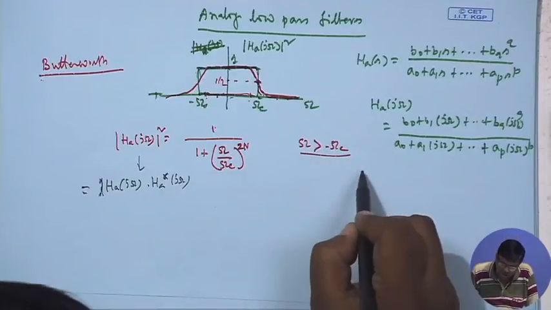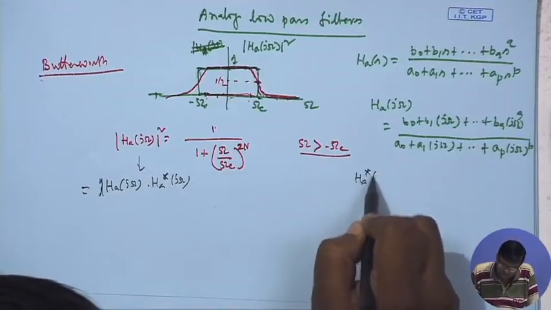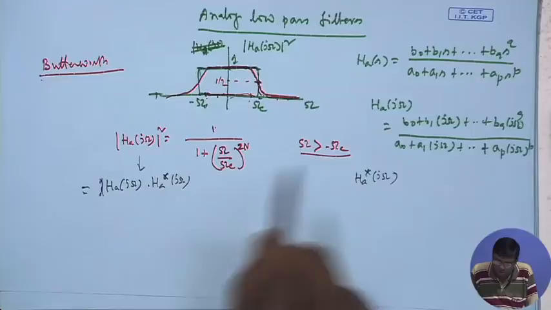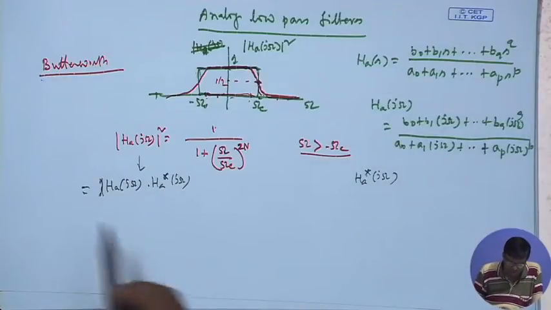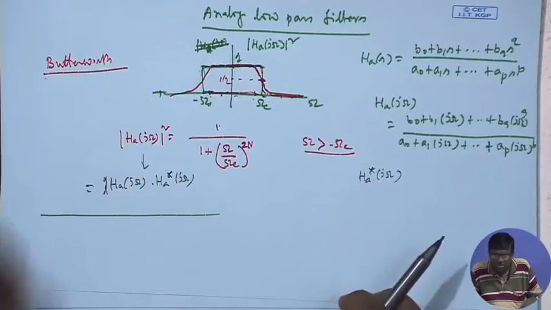What is H star j omega? Now, for that, some basic properties. You may have forgotten very basic properties of complex numbers.